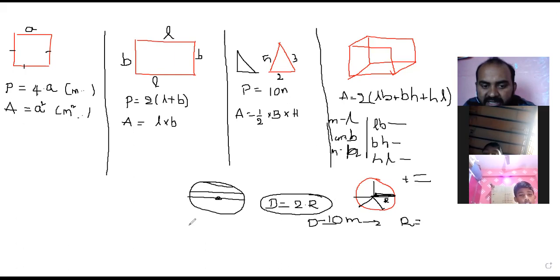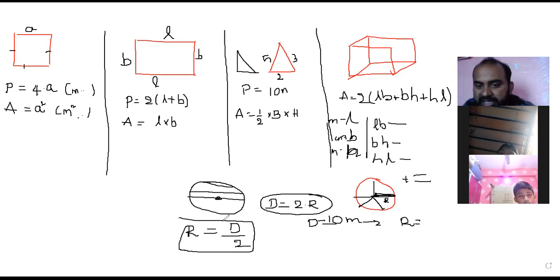From here, I can write r is equal to d by 2, because the 2 comes to this side. This is the formula for radius: radius is equal to d by 2.